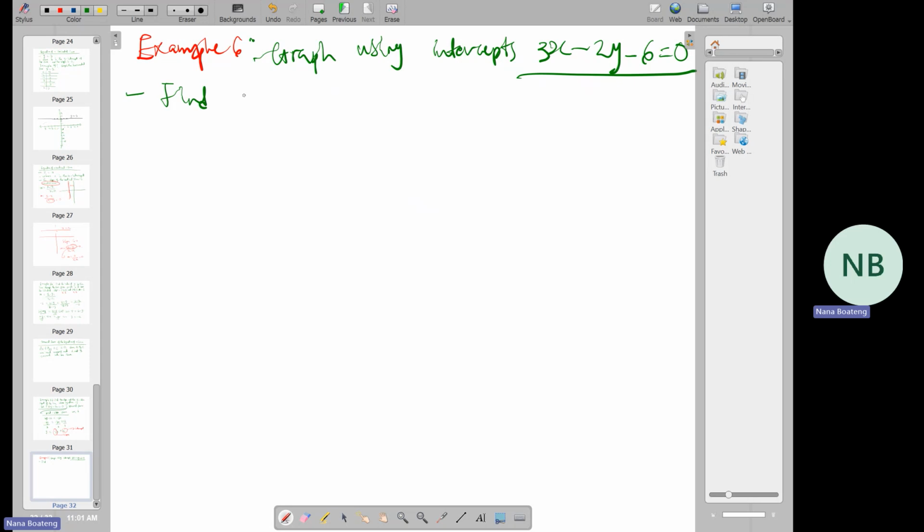And the next thing is we find the y-intercept. So to find the y-intercept, we set x equal to 0, and to find the x-intercept, we set y equal to 0. So if we set x equal to 0, then we have 3 times 0 minus 2y minus 6 is equal to 0.